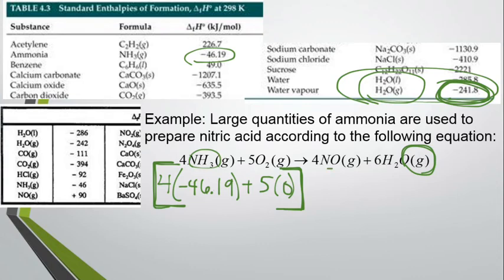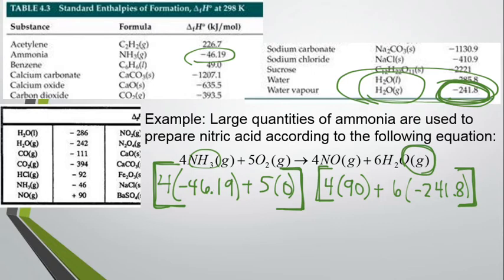And then I'm going to look at my product side, 4 times NO, which was just 90, plus 6 H2Os, negative 241.8. Okay, so I'm basically taking all of this stuff and putting the numbers in instead of the substances.